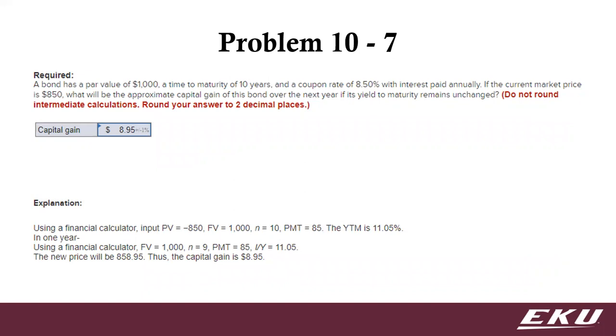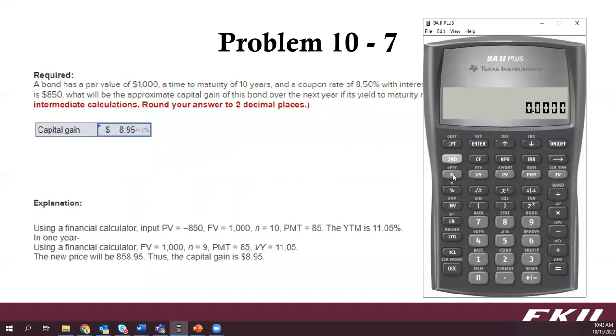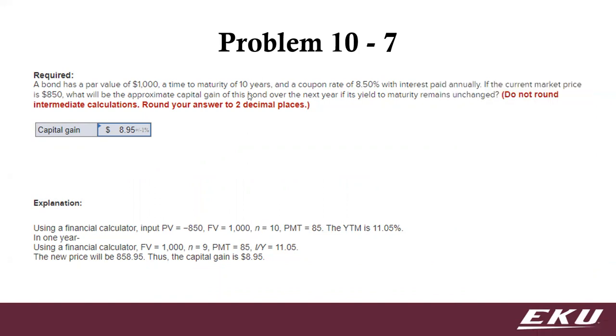Okay, and again, for this one, we would also use that financial calculator, right? Where we have the N, IY, PV, PMT, FV, right? That time value of money row that we've used in our previous classes.